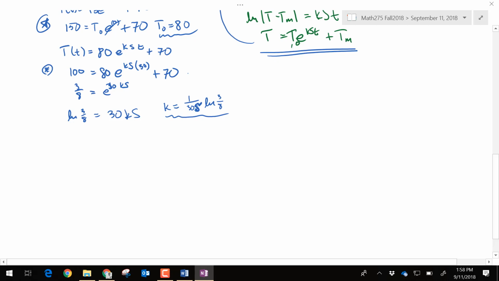All right, so we come back and rewrite our T of t is equal to 80, this whole thing.